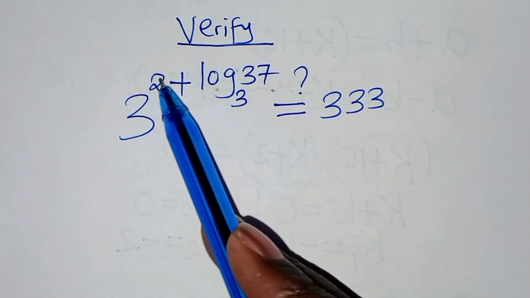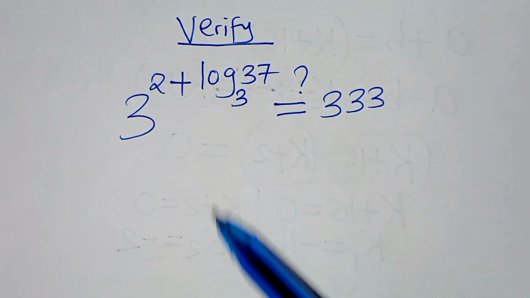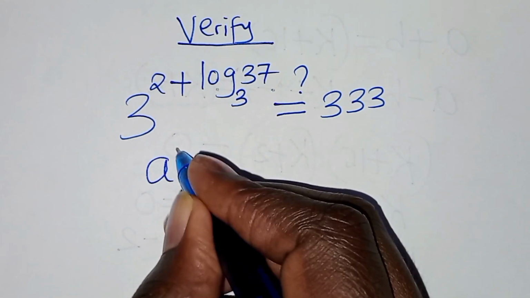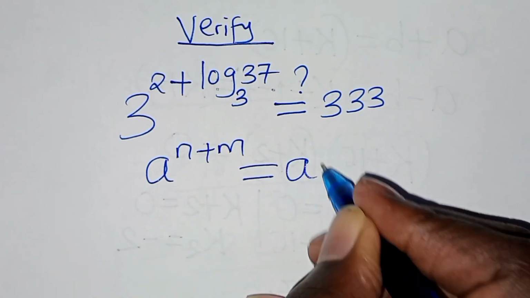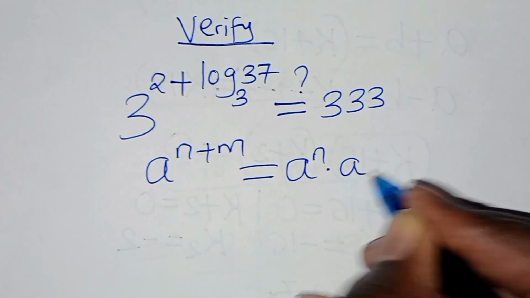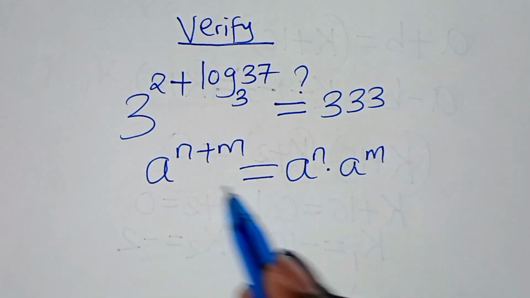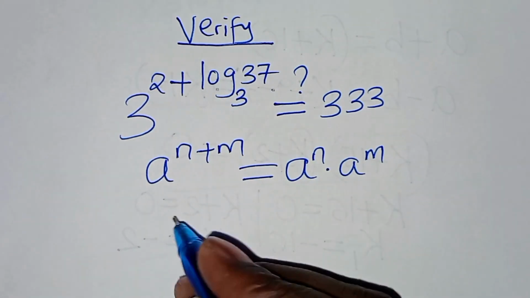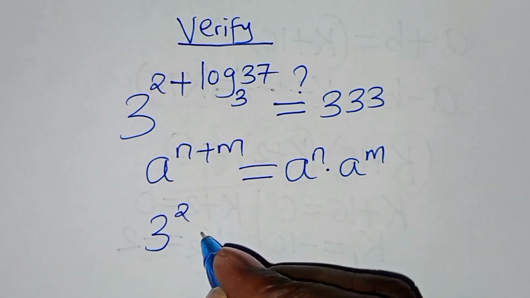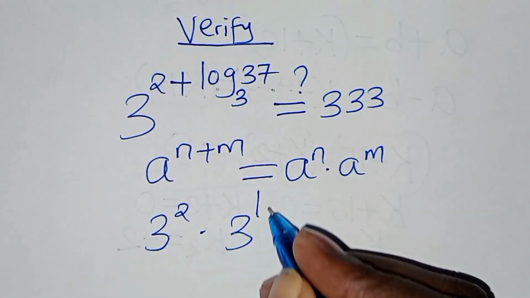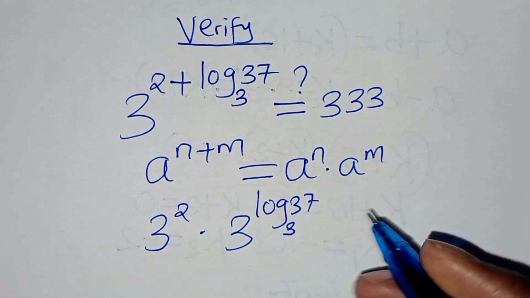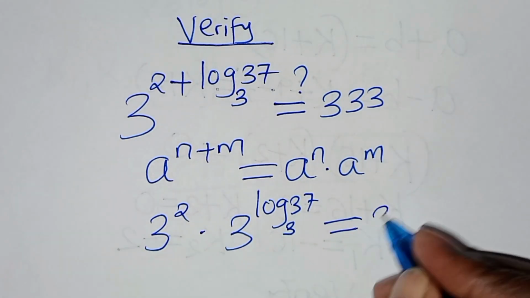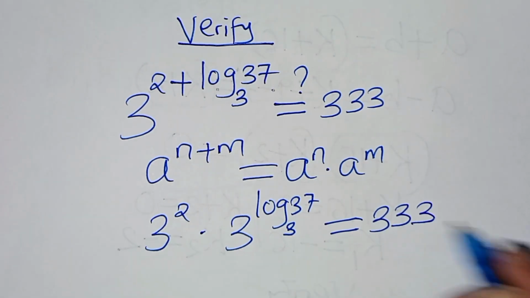So we have 3 to power 2 plus log 37 to base 3. This is in the form of a to power n plus m, which we can express as a to power n times a to power m. So applying this exponent property here, we'll have 3 to power 2 times 3 to power log 37 to base 3. This should give us a value of 333.